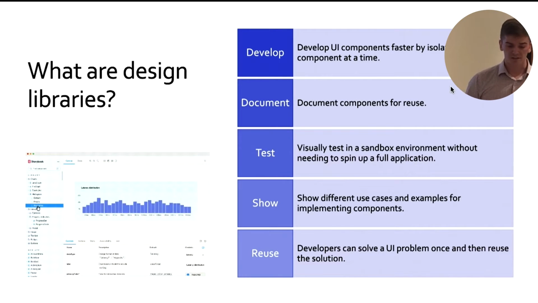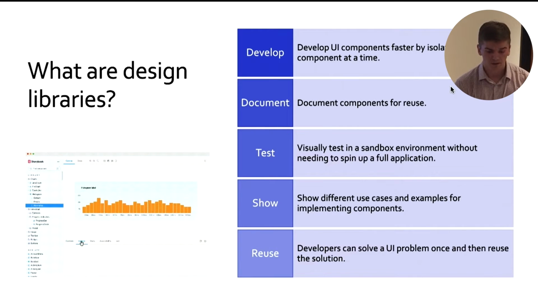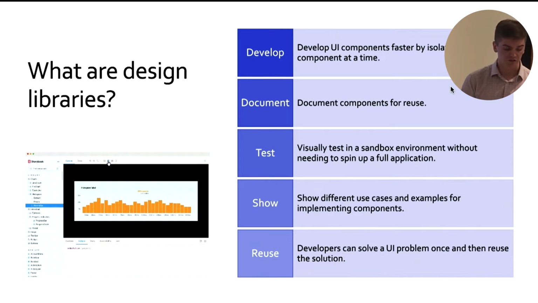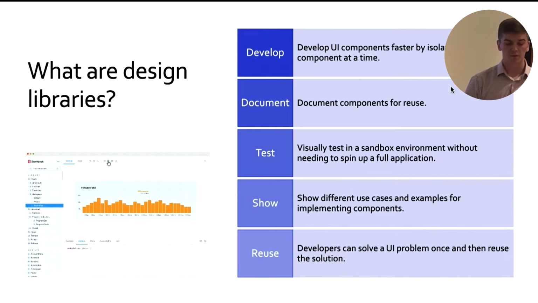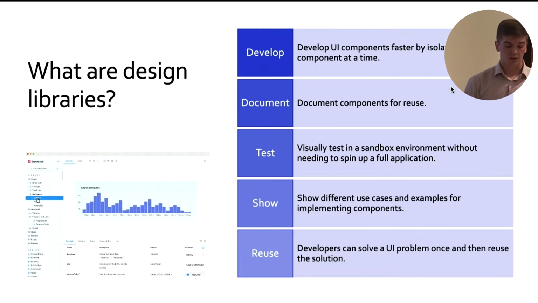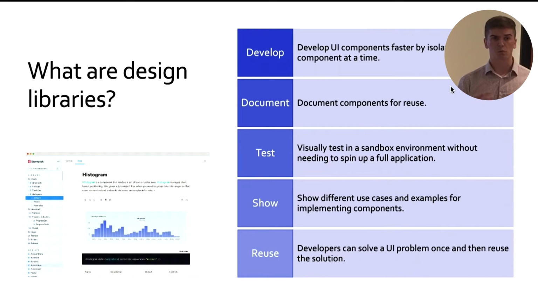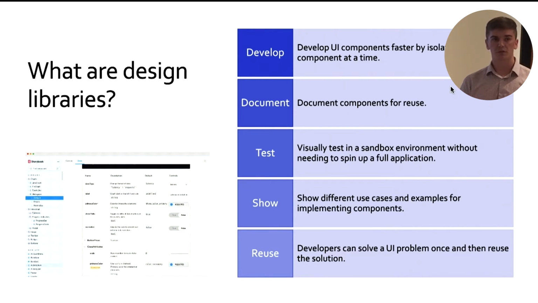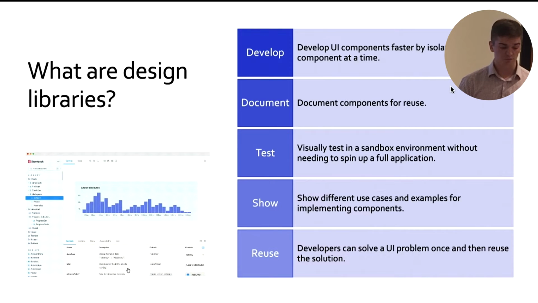By building these components within the design library, you can design by isolating one component at a time. So in this Storybook example, you're just looking at a chart, and through using TypeScript, you get to document what kind of properties go into the component. You get a description, the data type it needs to have, and then a default value.